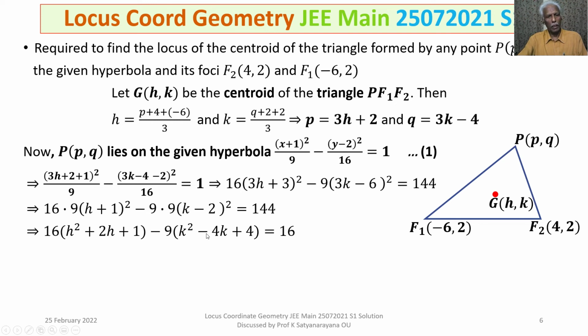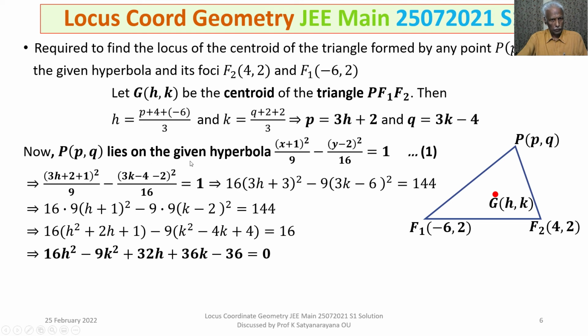And multiply and adjust the constants, and we get 16H square minus 9K square plus 32H plus 36K minus 36, this constant is after simplifying from the above, is equal to 0.